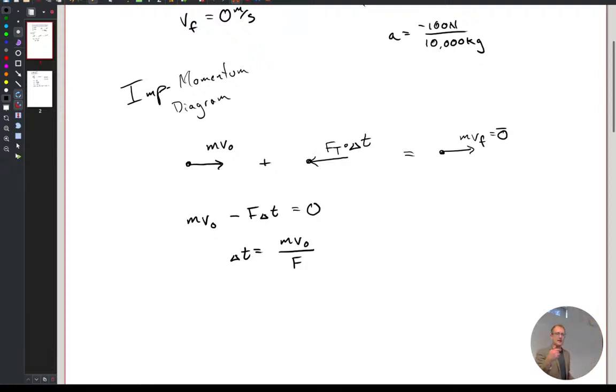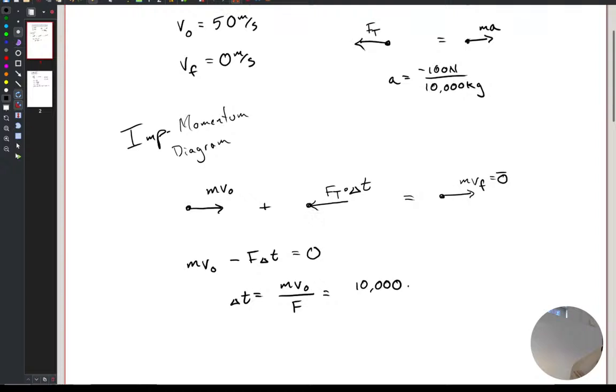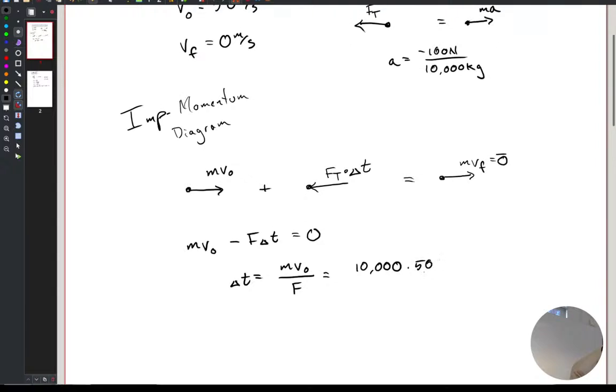And if you keep track of your own units or your own equations, you'll probably get the same exact equation. But here we just got it in one step. So sometimes it's super helpful to do it this way. Other times, do what you know, do what you love. So we get 10,000 times 50 all over 100.